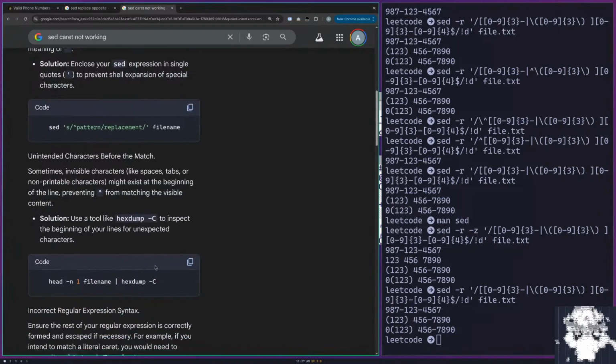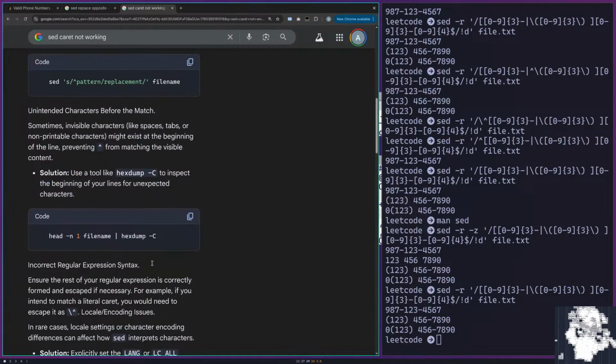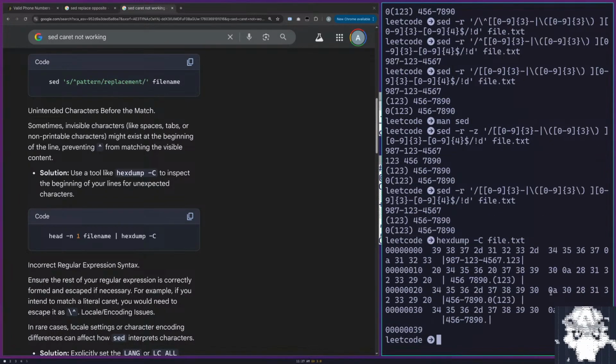I do have the single quotes. Do I have unexpected characters? Hex dump -C file.txt. I don't know how to read that. So that's not helpful.